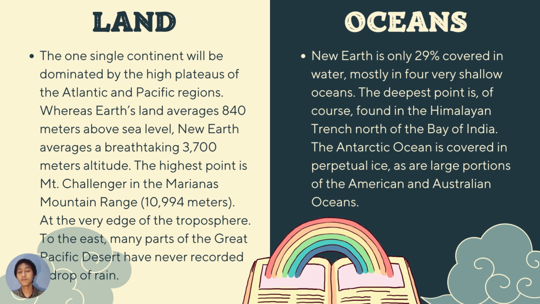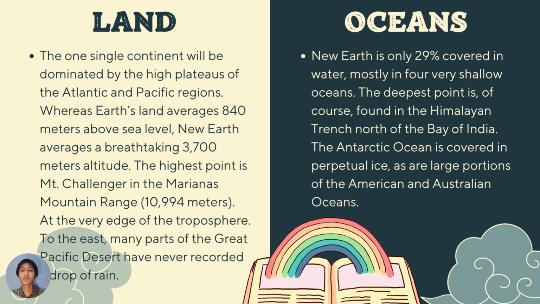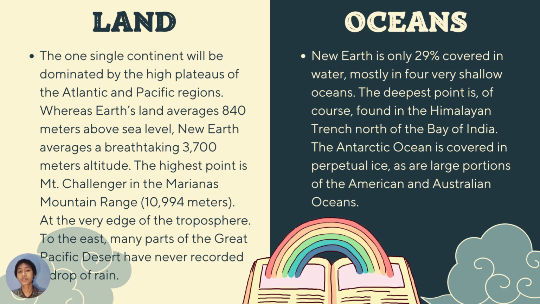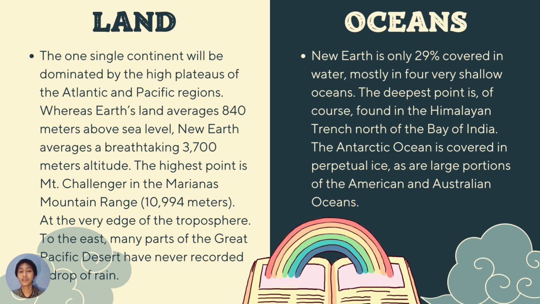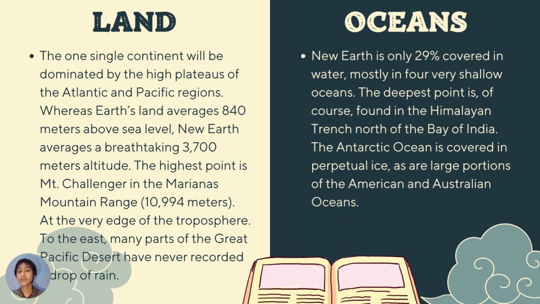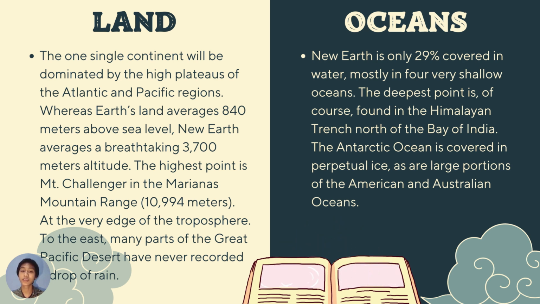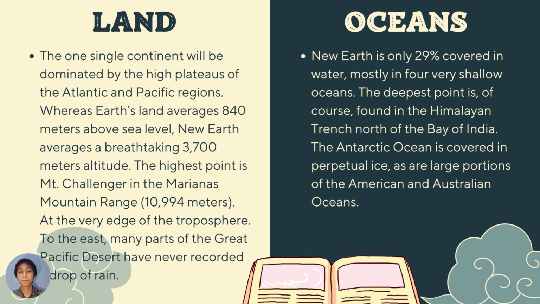And now the oceans. New Earth is only 29% covered in water, mostly in four very shallow oceans. The deepest point is, of course, found in the Himalayan range north of the Bay of India. The Antarctic Ocean is covered in perpetual ice, as are large portions of the American and Australian oceans.